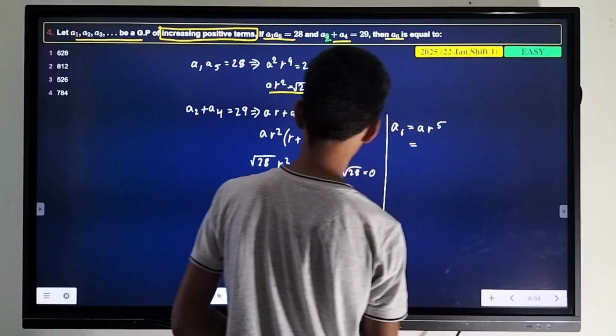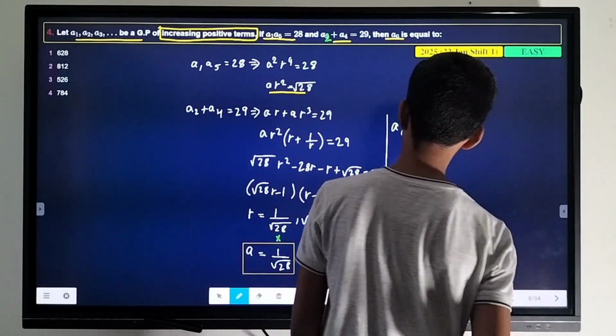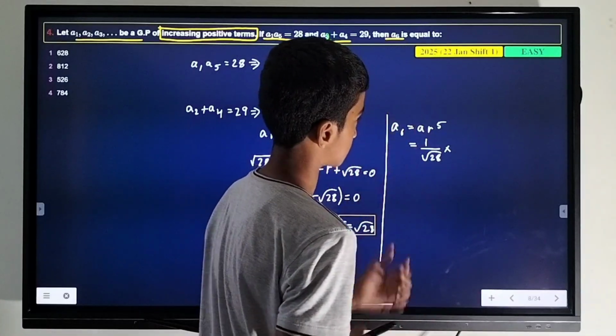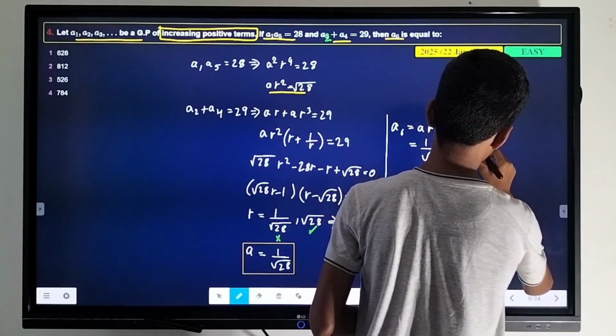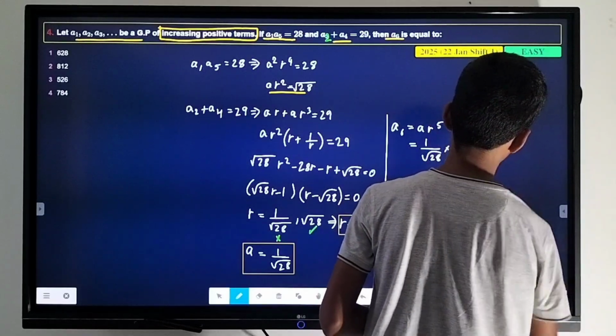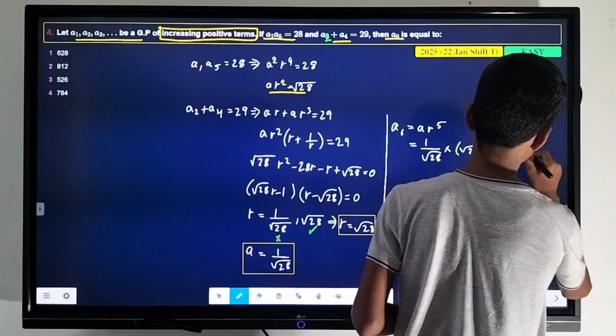This is equal to 1 upon root 28 into, you can write root 28 raised to power 5 as root 28 raised to power 4, into root 28.